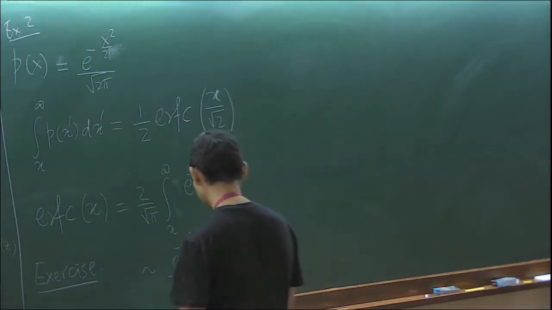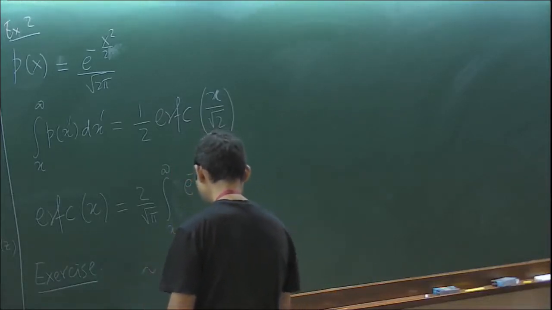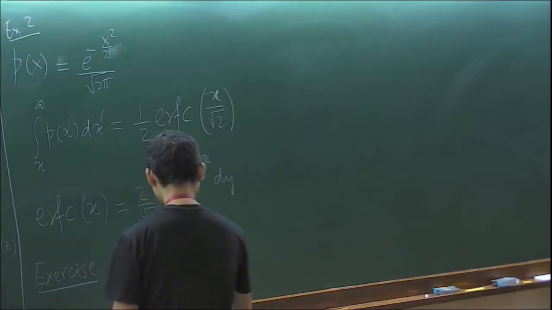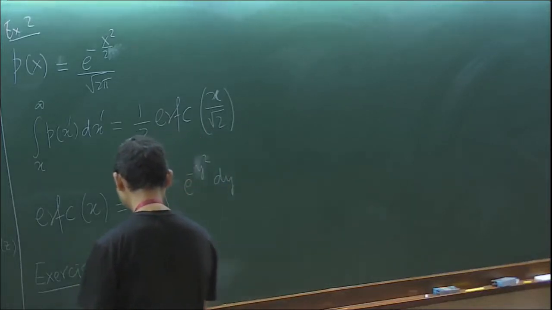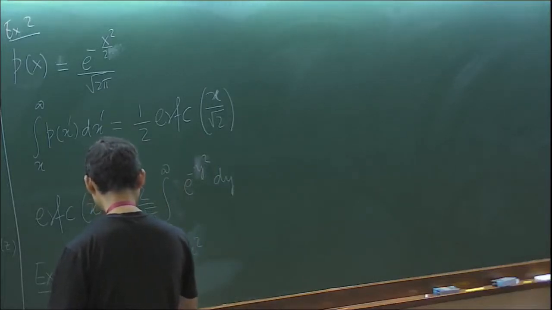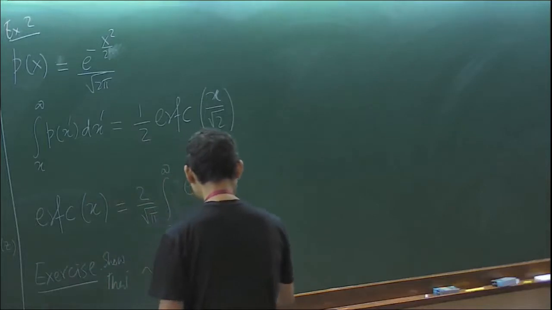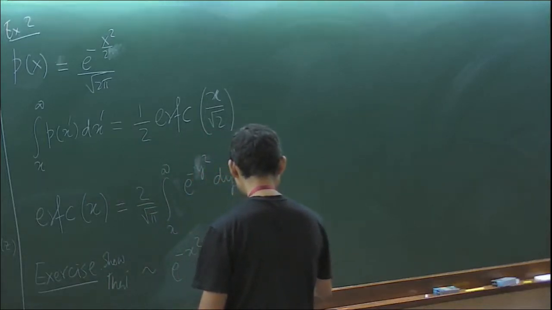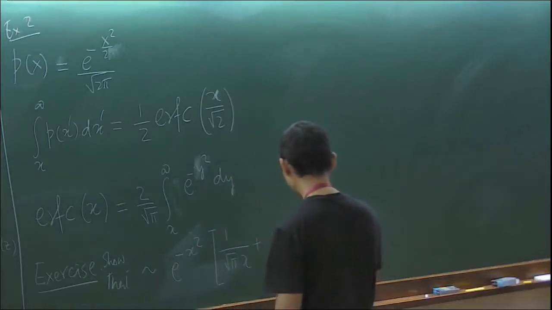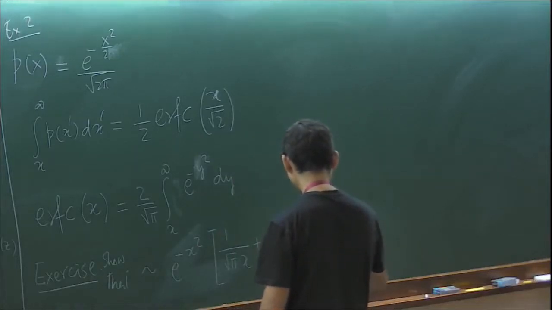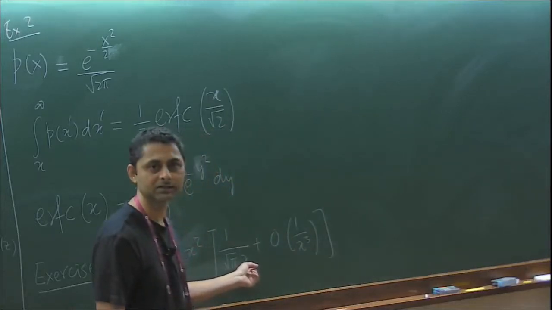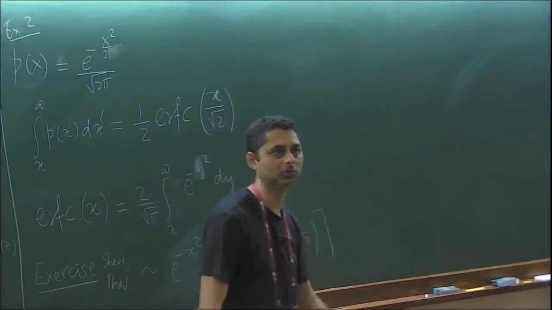Let me just put this here, so that it goes like exponential of minus x square times the first term, 1 by square root of pi times x, plus some order of 1 over x cube. So you see that this is the leading term for large x, and this is a sub-leading term, and so on.